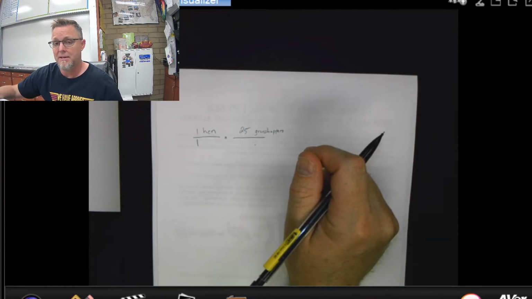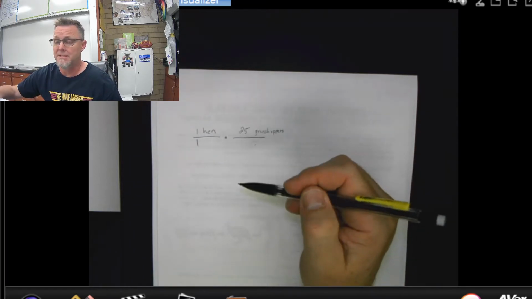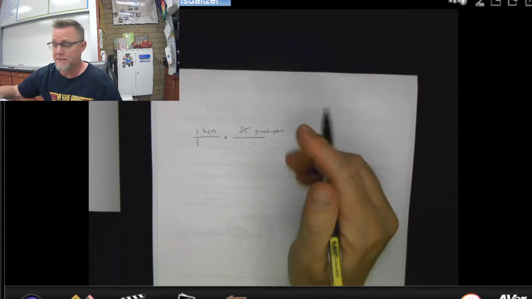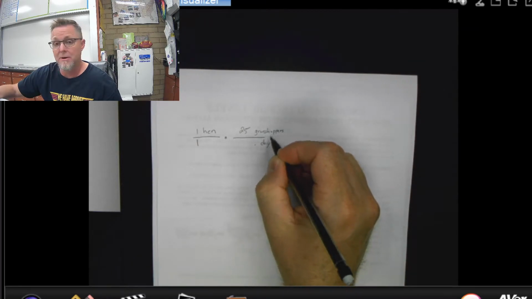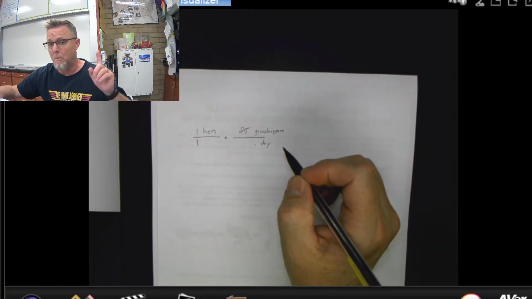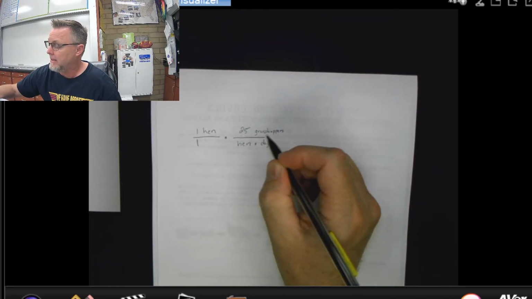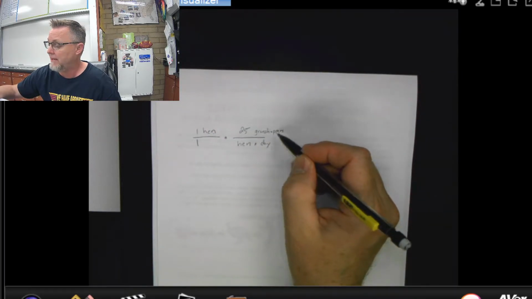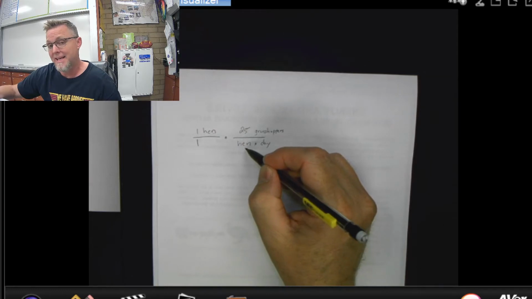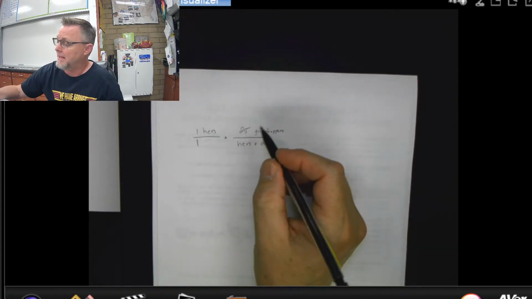When you use "per," that means the unit goes on the bottom, so day goes down here. And who's eating it? One hen is. So I put my hen here because I want that to cancel. So I've got 25 grasshoppers per hen per day. That's how you read that conversion factor.